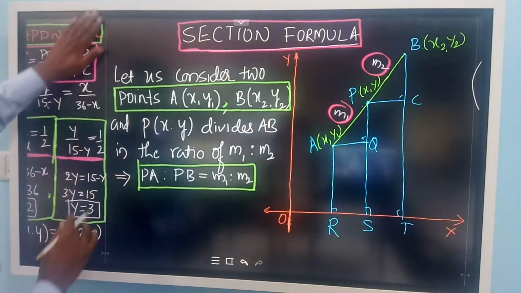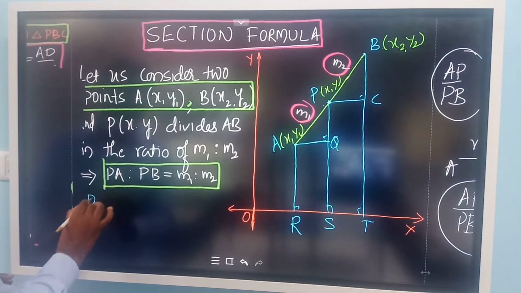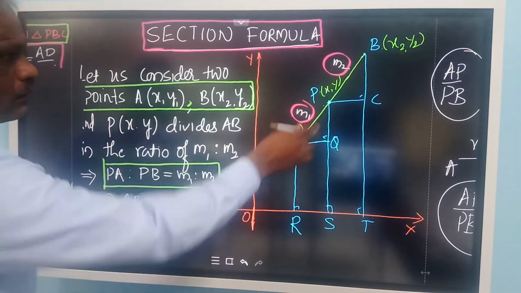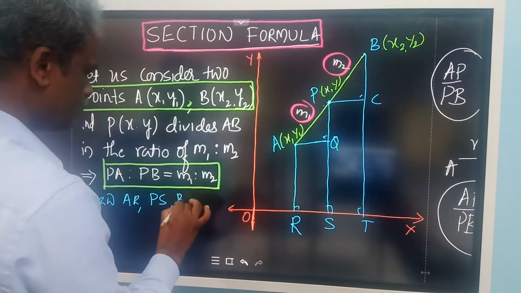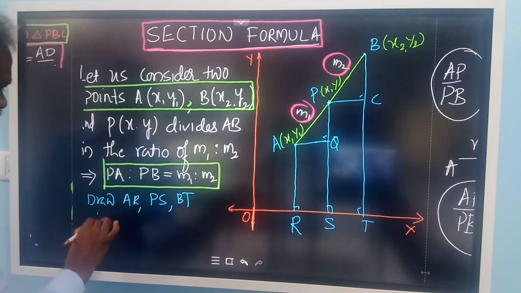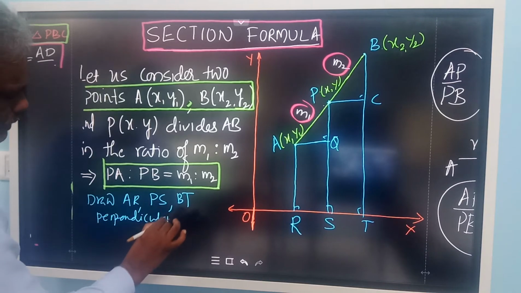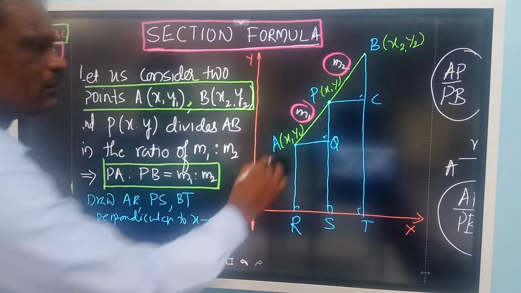So you can write here the construction we have made. Draw the perpendiculars AR, PS, BT perpendicular to the x-axis.